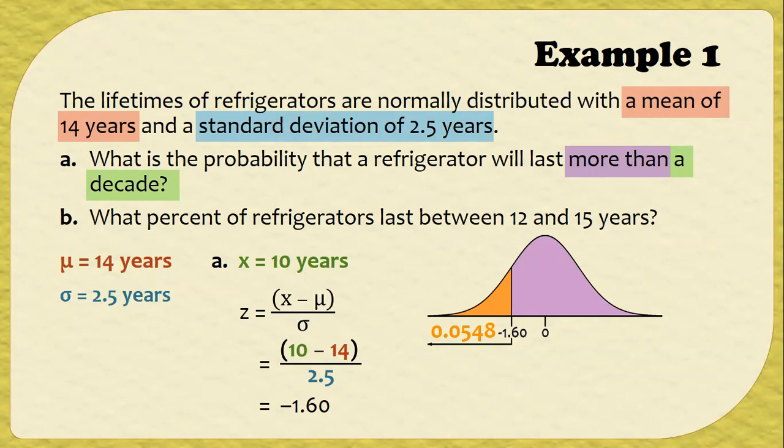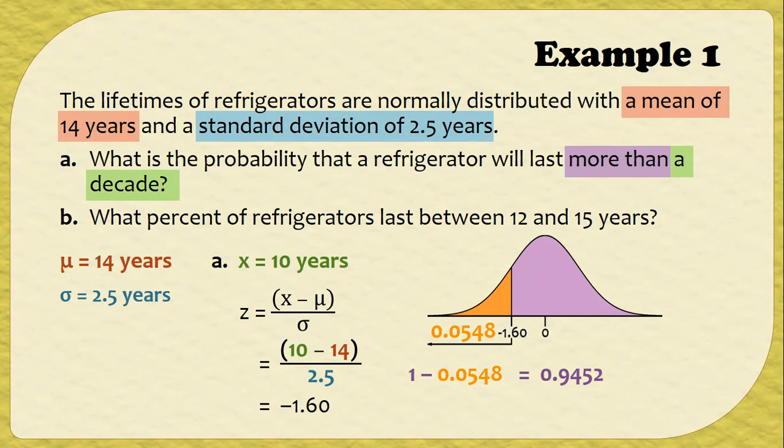Because this is a greater than question, and we need to know the area above, we're going to subtract 0.0548 from 1. Remember that the total area underneath a probability density curve is always 1. So basically what we're doing here is finding a complement. If you have a more than question or a greater than question, you subtract the table value from 1. In this case, we're going to get 0.9452.